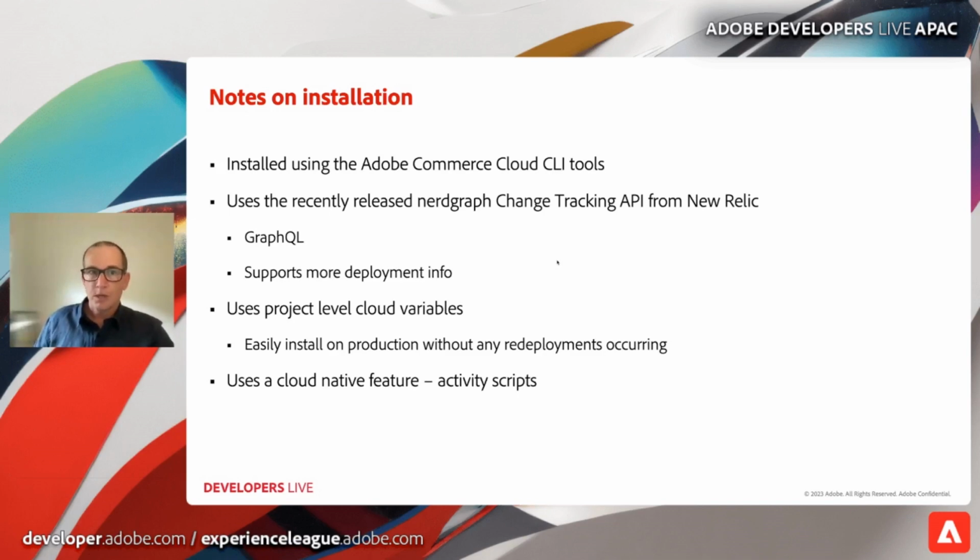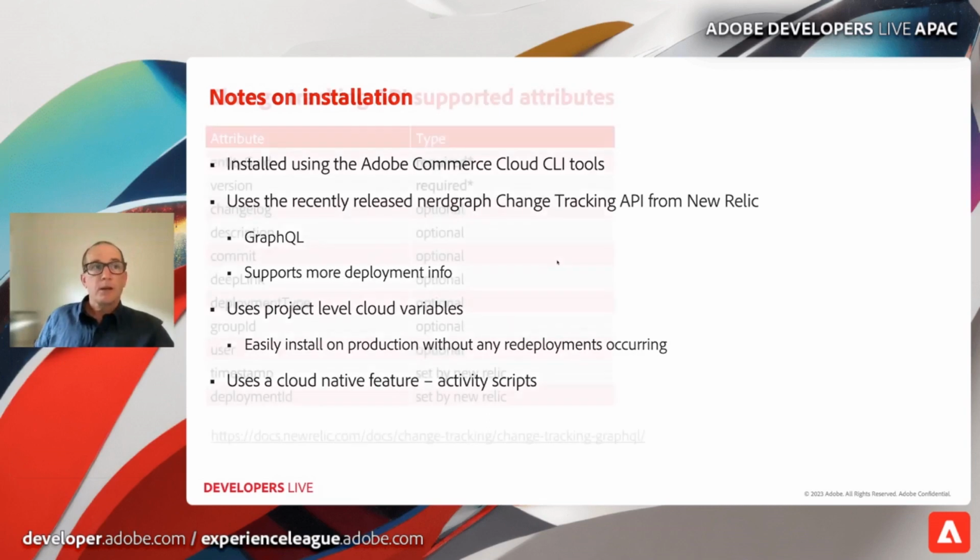So using project level variables is a way that we can get around that, because project level variables don't require a redeploy. So this is a way to be able to get this installed on production if redeploying is an issue for you there. And it uses a cloud native feature called activity scripts that we're going to take a little bit of a deeper look at in a moment as well. So a few notes there.